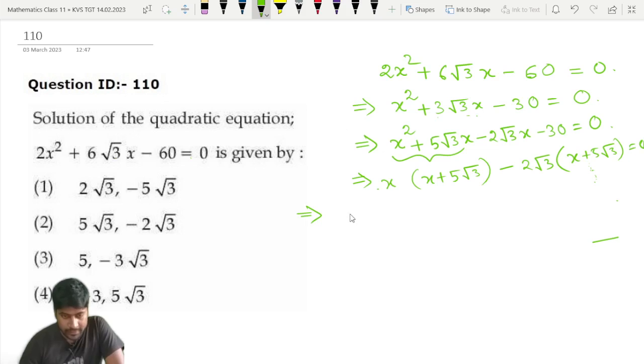So that will imply x plus 5 root 3 into x minus 2 root 3 is equal to 0.